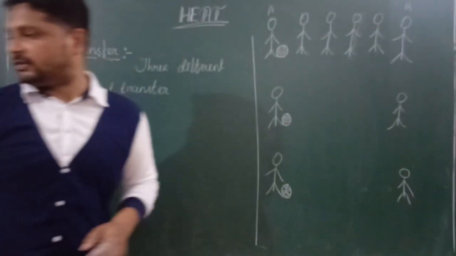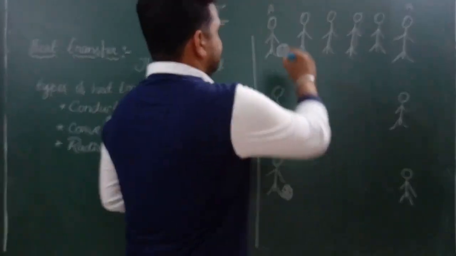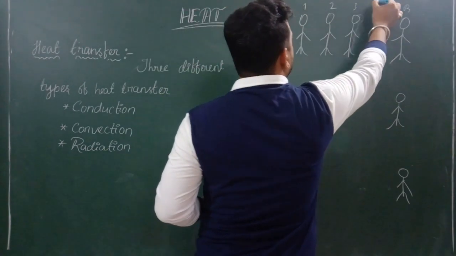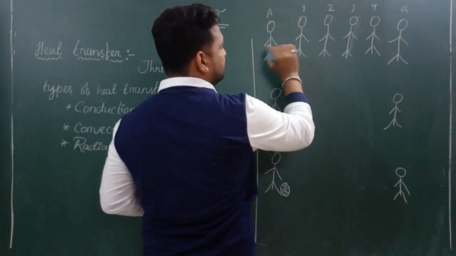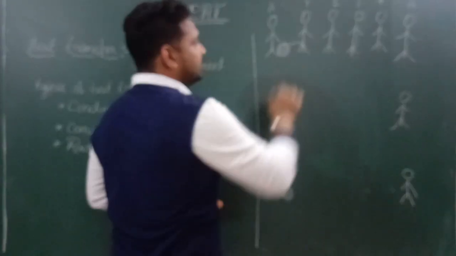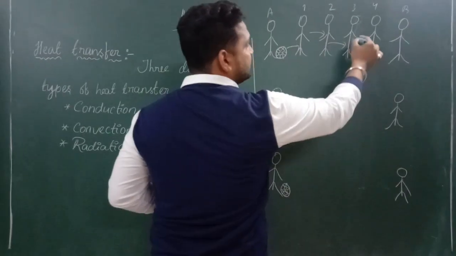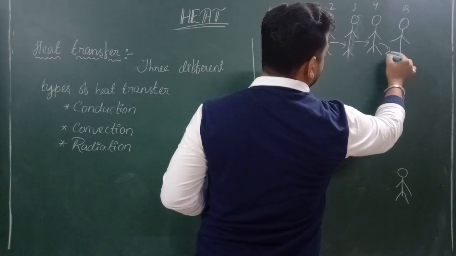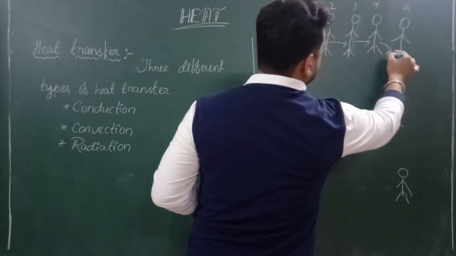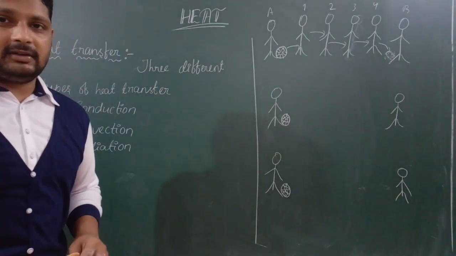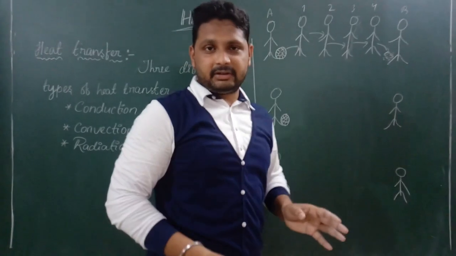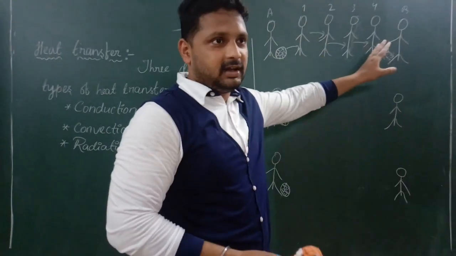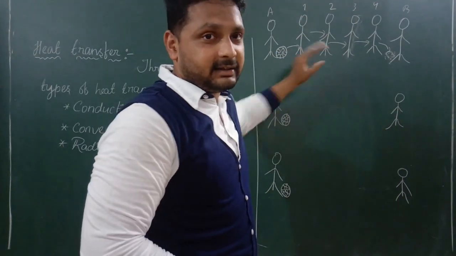He aligned some persons on the way, and he gave the ball first to one person, then that person passed it on to the next, then to the next, and at last the ball reached near B. So this is how he can do it, right? This method of heat transfer, part by part, from inside, is called conduction.